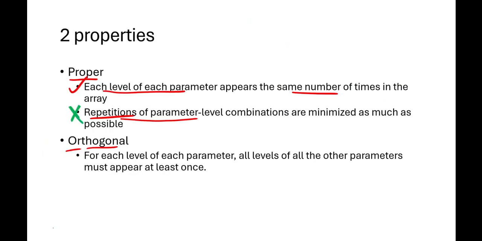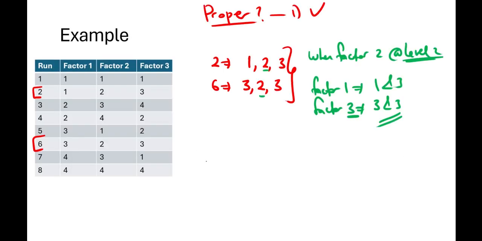Now let's come back to the last one, which says that all levels of parameters should appear. So let's check orthogonality.